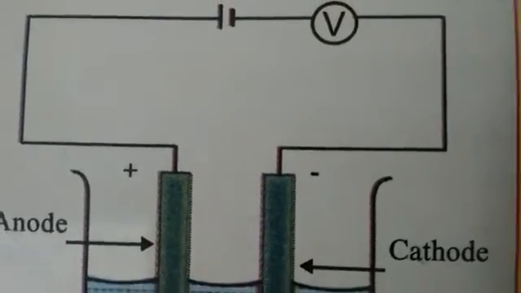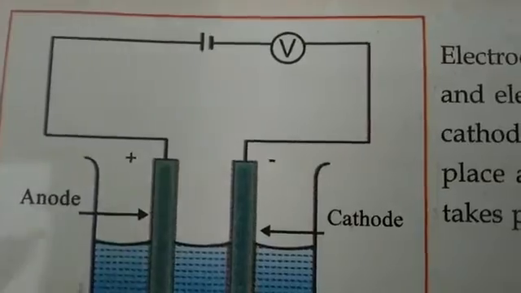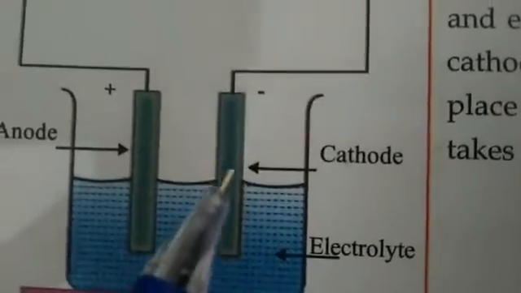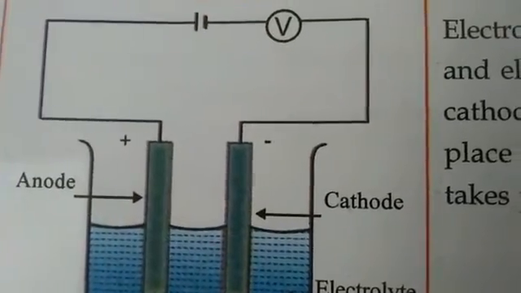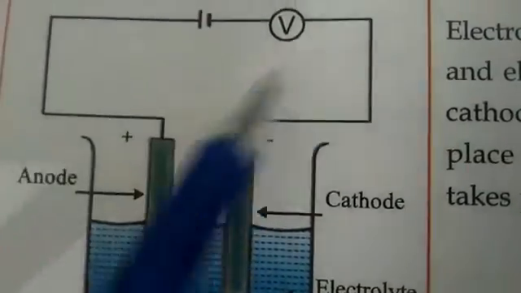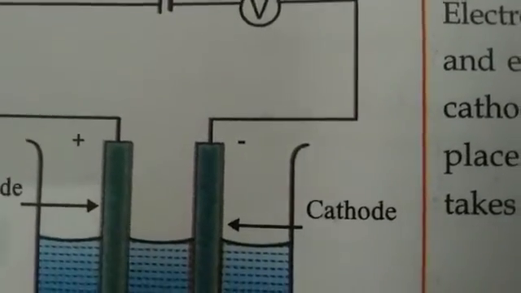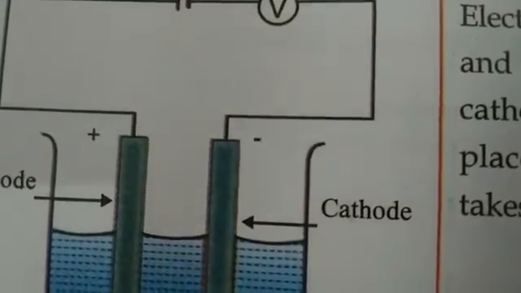So this is the arrangement of electrolytic cell. That is, electrolyte is essential, two electrodes are essential, then at the same time voltmeter and wire are also essential, and here battery is also essential for this one. So this is the arrangement of electrolytic cell.